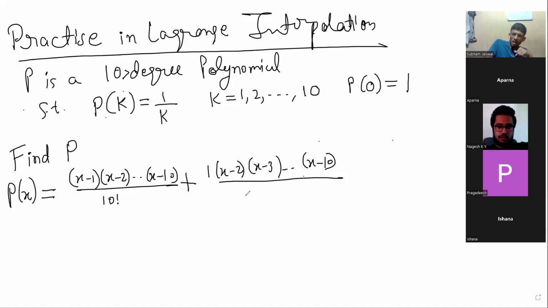Right. And what will that be? 1 minus 2 times 1 minus 3 till 1 minus 10, that will be 9 factorial. 9 factorial, right? Plus 9 or minus 9? 9 factorial. Right.